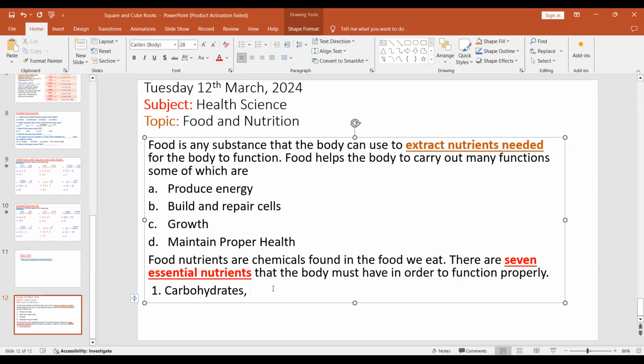So stuff like rice. What else? Potatoes. What else? Macaroni. Pastas. Bread. Breads, yes. What else? Cereal.